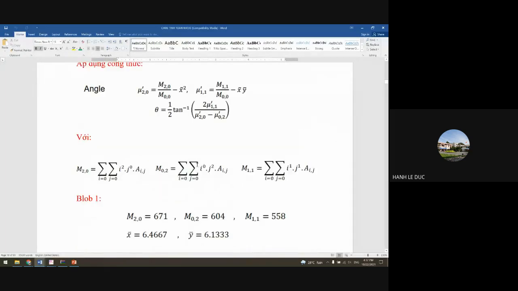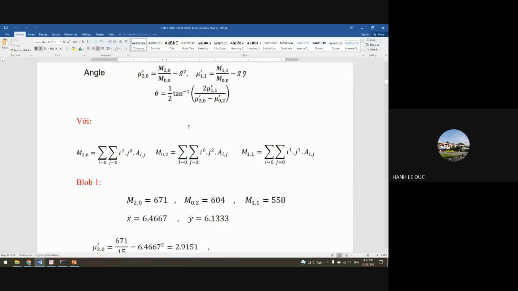The angle is this formula. We calculate M20, so similar to the calculation of M10, just replace I with I power square. The procedure is similar.